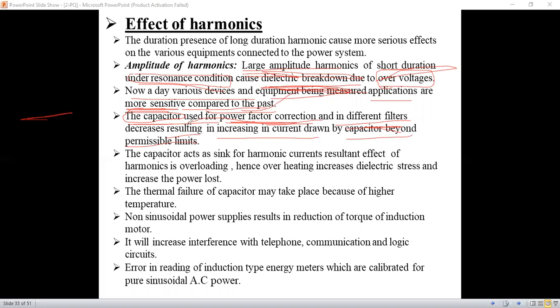The power factor correction capacitor draws current beyond the permissible range because of the harmonics under resonance condition.